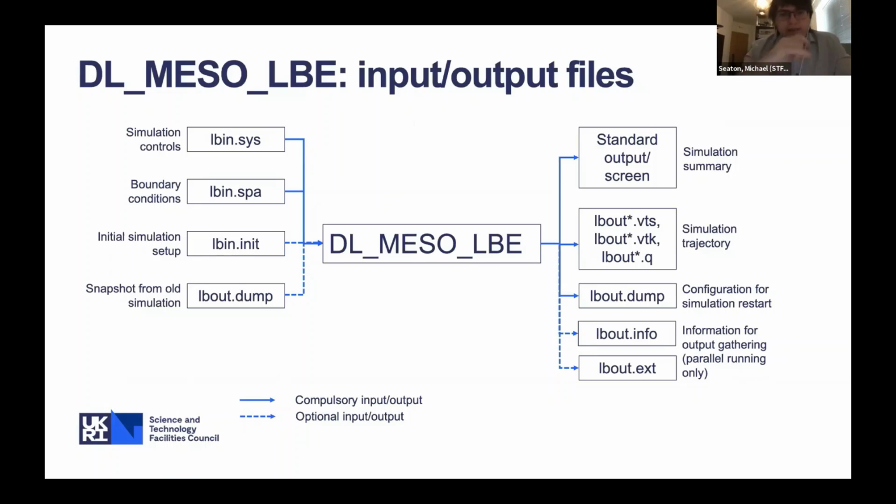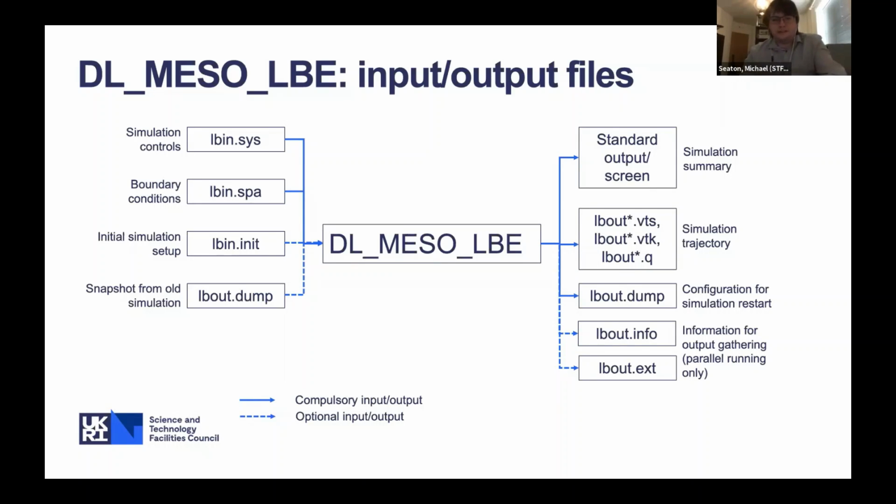What you get out from DealMeso LBE are messages in your standard output, or it goes to the screen. But you also get your simulation trajectory as a series of files of one of each of those three types. And you also get the configuration for a simulation restart, as well as a couple of files for gathering the outputs if you're running in parallel.